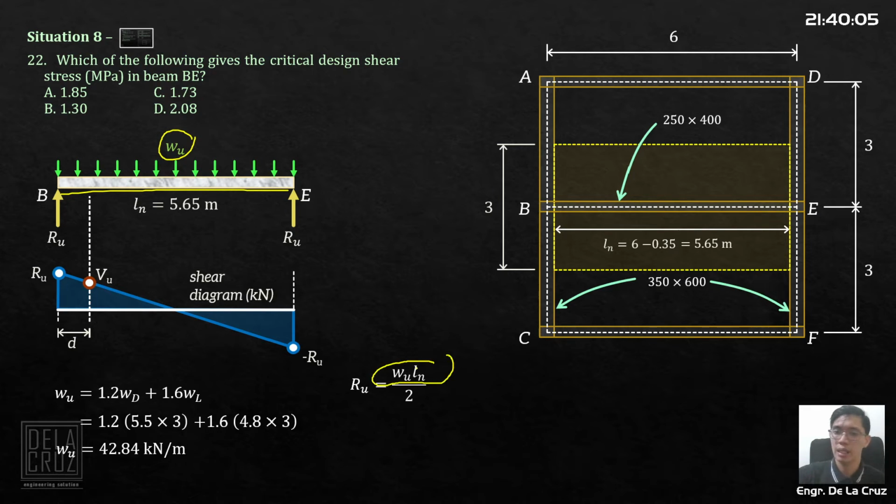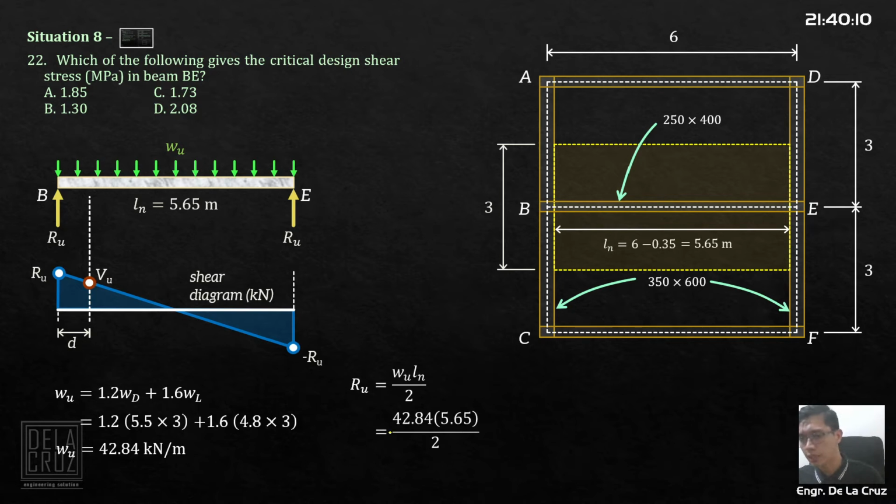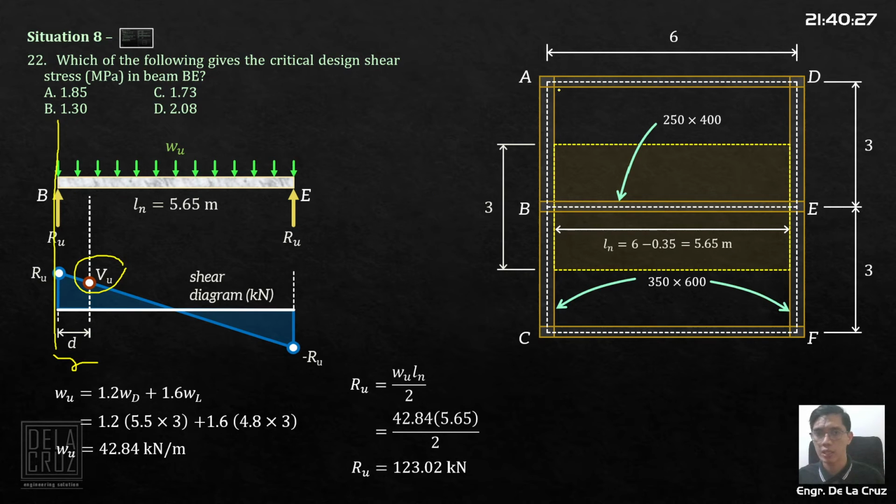That's the total reaction divided by 2. And we will have, substitute natin, ln over 2, RU is 123.02 kilonewtons. Again, yung ating critical shear force is taken at a D distance from the face of the support. Ito yung face ng support natin dyan.